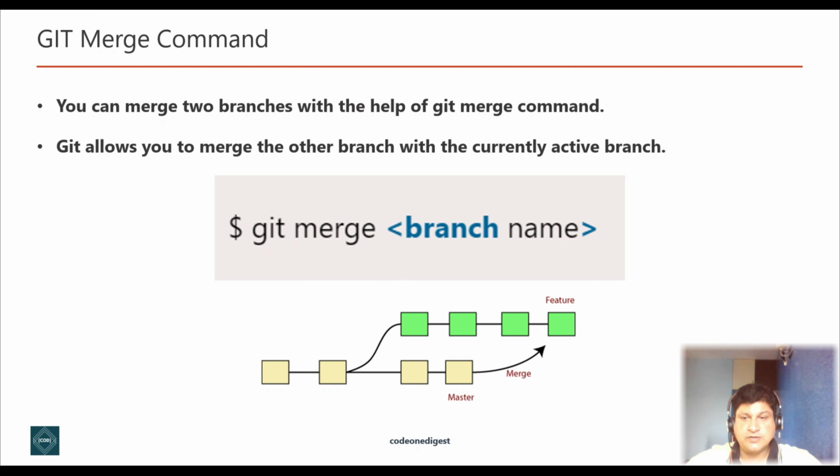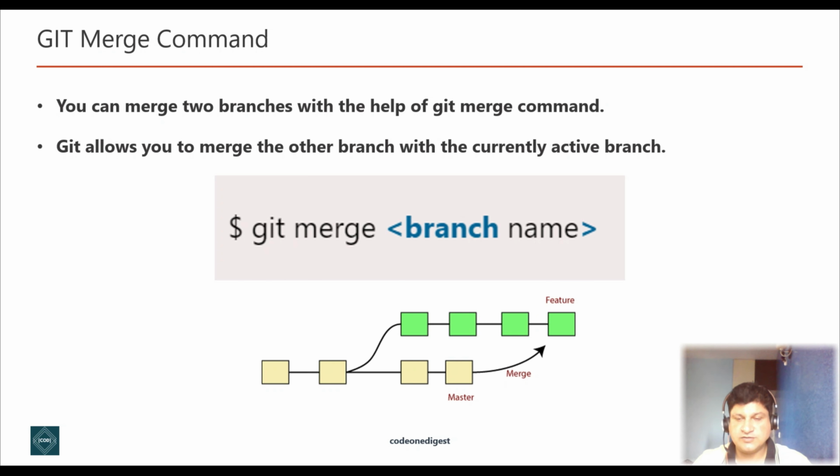Git allows you to merge two branches so that you can have all the work integrated into one branch. As I said, your team members can work on different branches. Finally, they have to merge their code with the master branch. And they have to do the same the other way around: take the latest from the master branch into the local branch, and then they can start working on the latest code, what other team members have done.